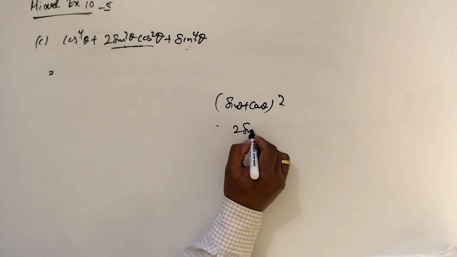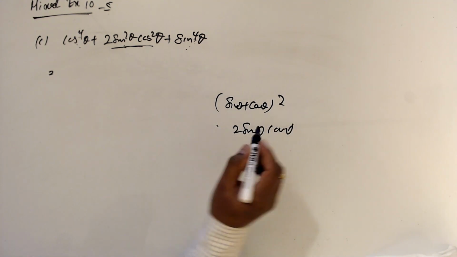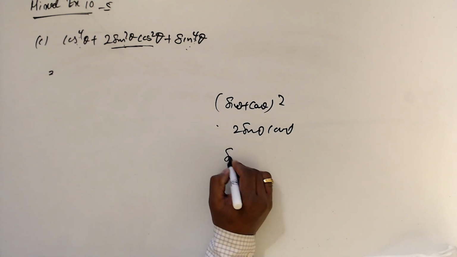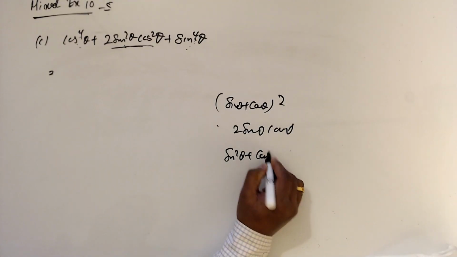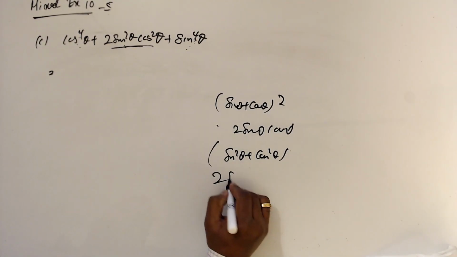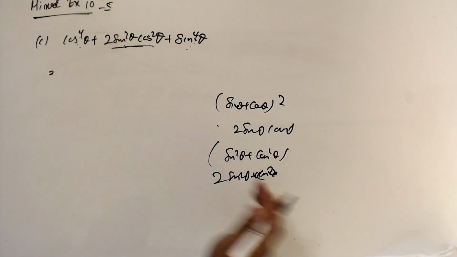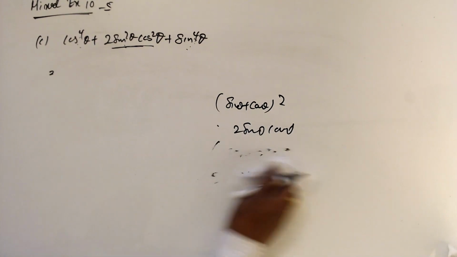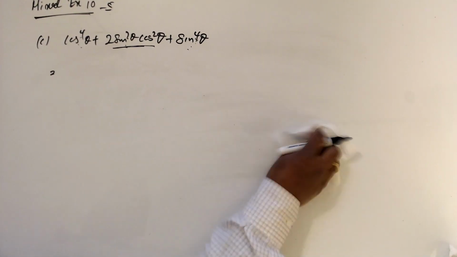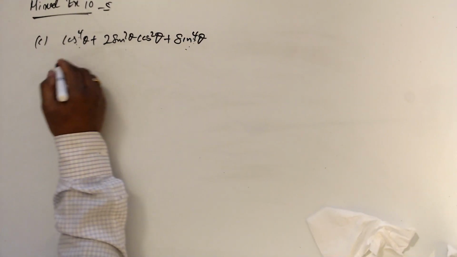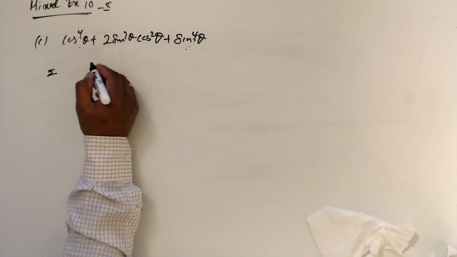In the middle, 2 sine theta cos theta. But here it is 2 sine squared theta cos theta. To get this one, it has to be sine squared theta cos squared theta, which means 2 sine squared theta cos squared theta. So this approach you should have. Now you see that, but before that you don't know.